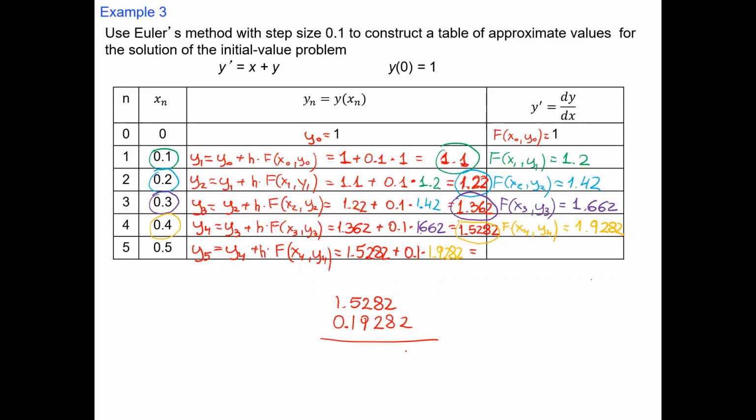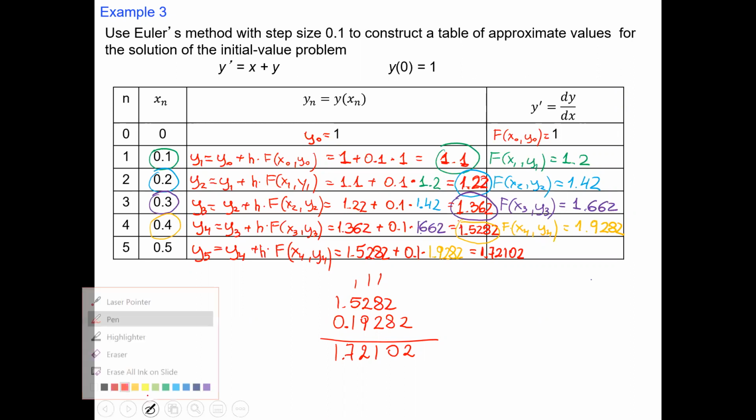Let's add together. Okay, 1.72102. And then we can add together and we can have a slope.